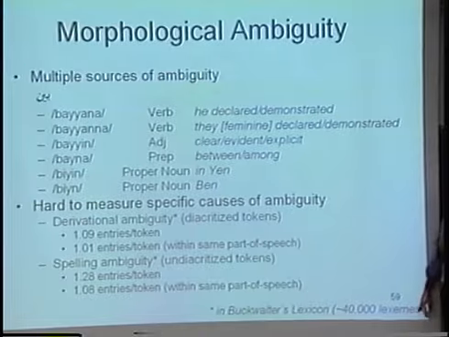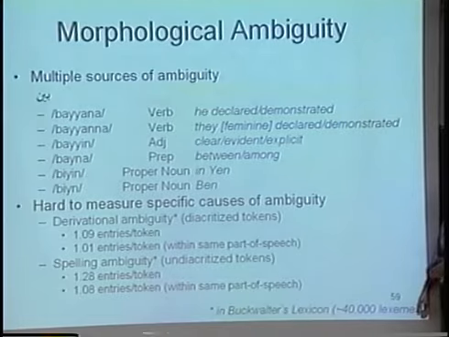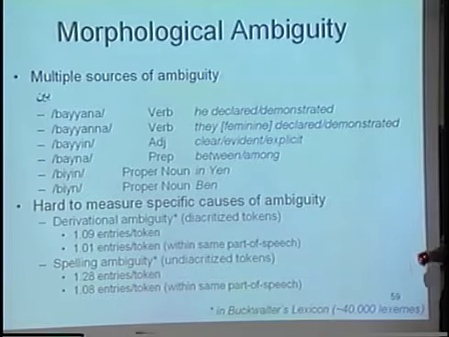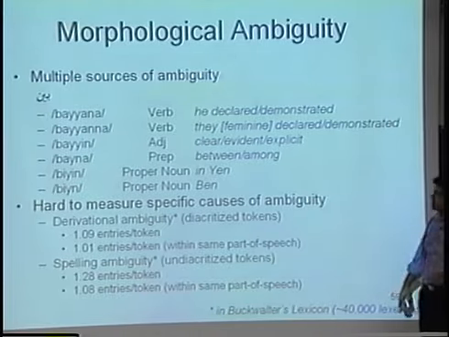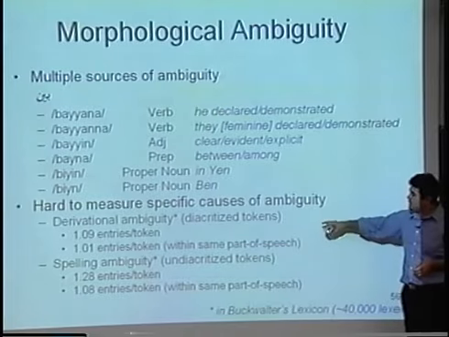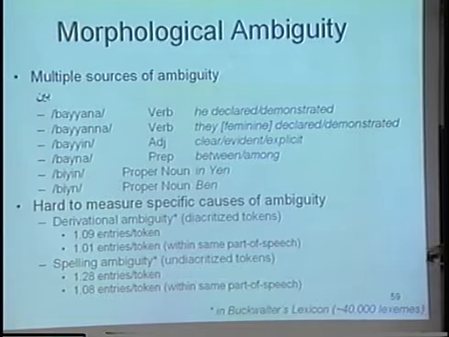This is what the Buckwalter lexicon distinguishes. There might be cases where Tim Buckwalter did not distinguish between cases, so I don't have the numbers for these. This is quite harder to measure, of course. So there you get around 1.09 entries per token. So for the same token, about 9% of the time it will have another form.